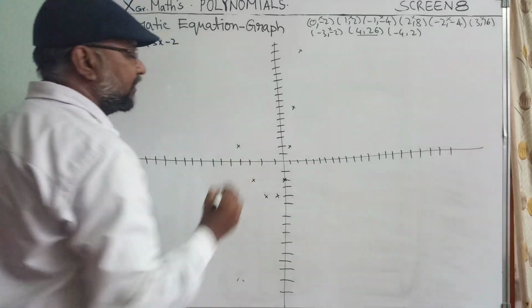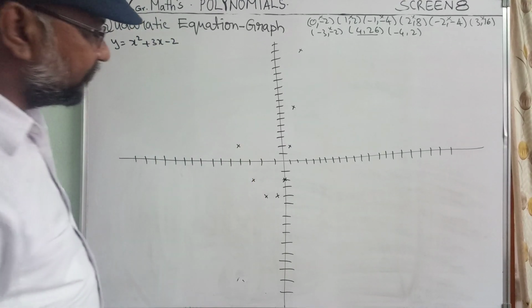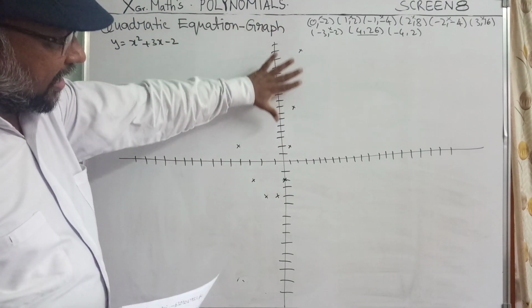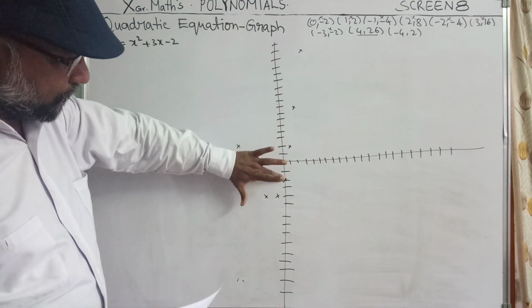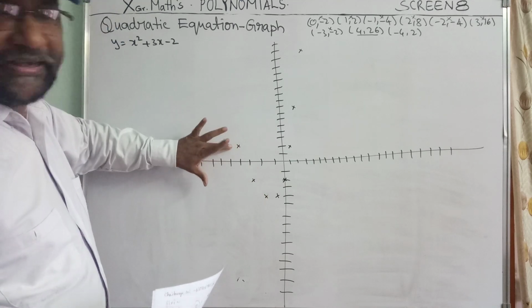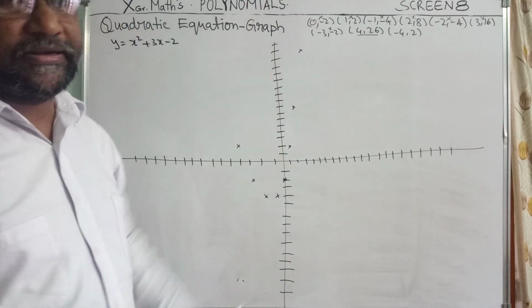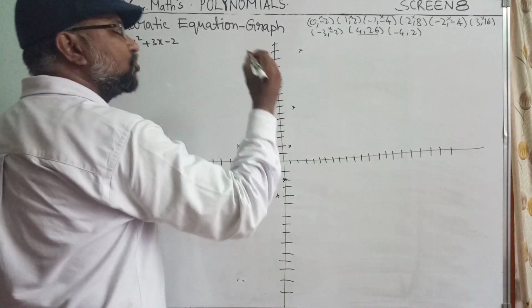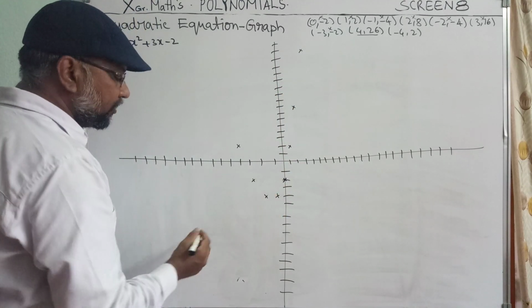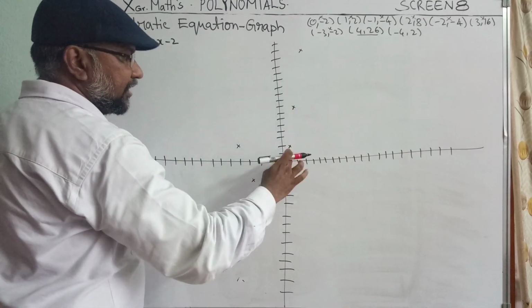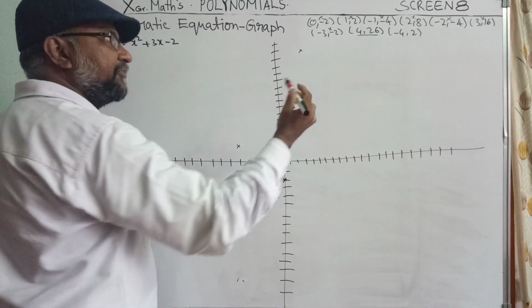So if you see this one, listen carefully. We have 1, 2, 3, 4, 5, 6, 7, 8. And the ninth one I left because it is 26, I cannot draw it. So you should join the points with your free hand, not with a scale from one to another.